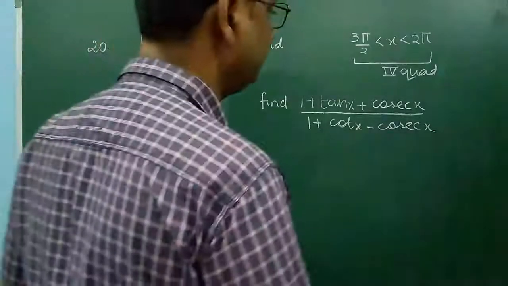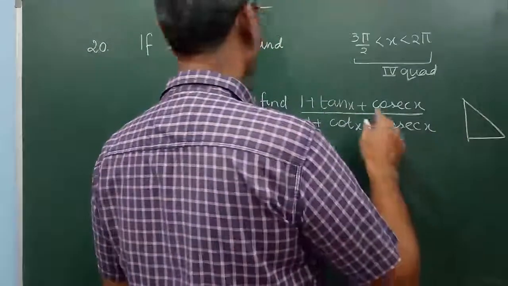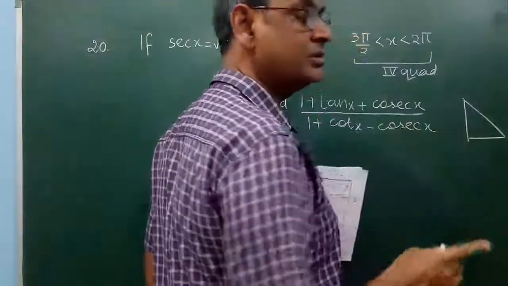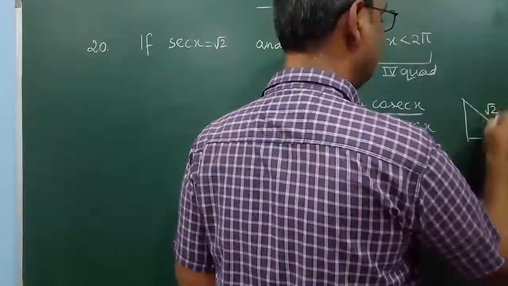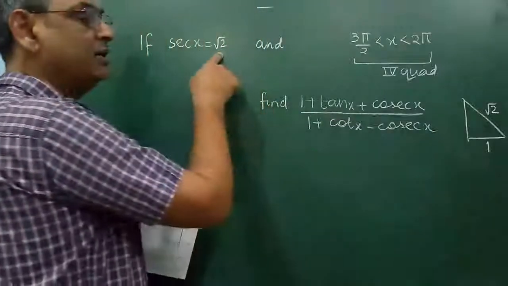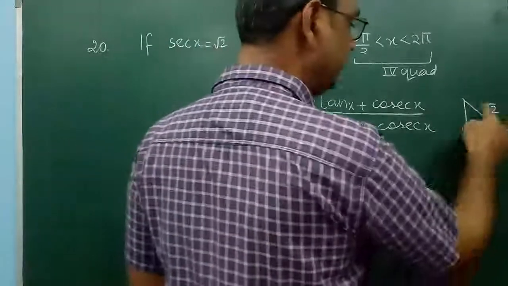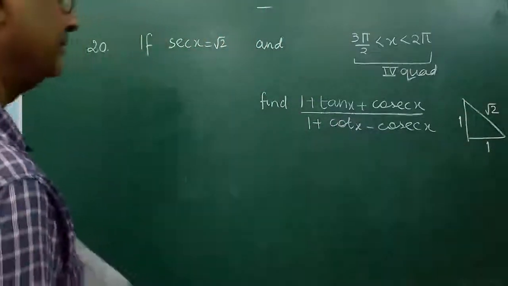For this again we have to draw one triangle, right angle triangle. This is root 2. Cos is base upon hypotenuse and sec is hypotenuse upon base. Root 2 can be written as under root 2 by 1. So when you will use the Pythagoras theorem, this will be coming out to be 1.